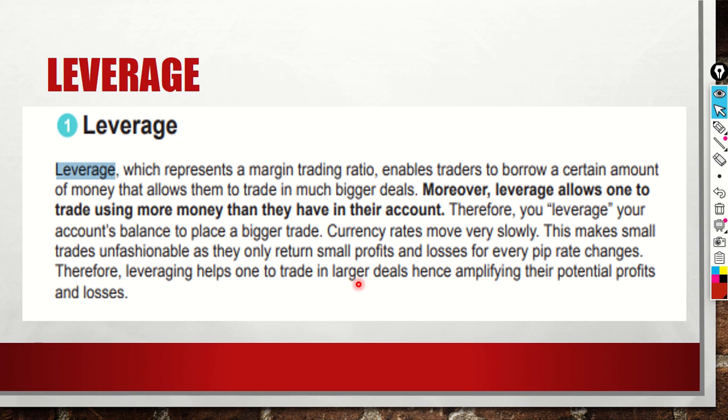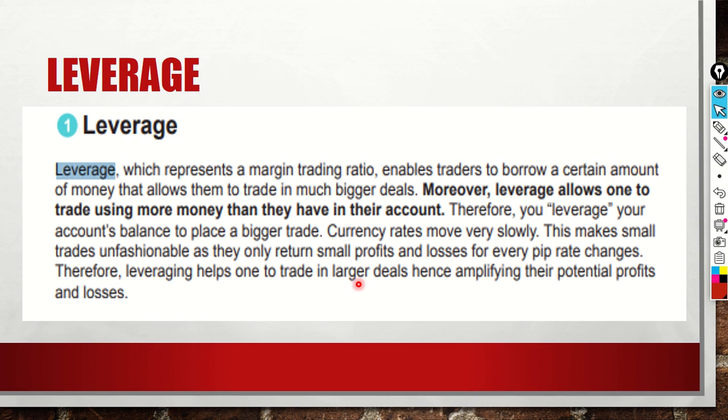So leveraging our account is trying to make more money off the smaller movement that occurs in currency pairs. I hope you are getting it. Therefore, leveraging helps one to trade in larger deals, hence amplifying their potential profits and losses. Like I said, leverage has both positive and negative impacts. Don't over leverage your account.